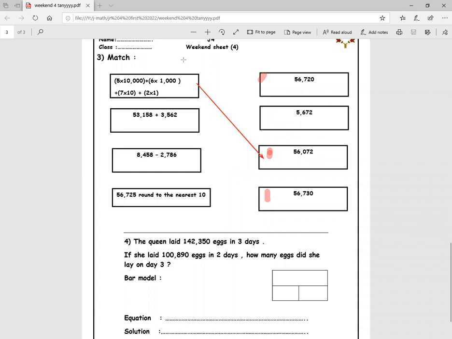Okay, let's check the next one. 53,158 plus 3,562.